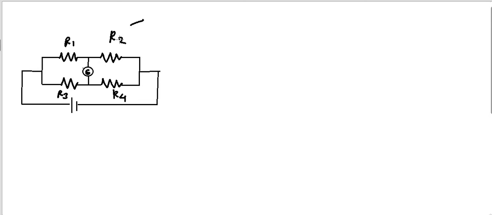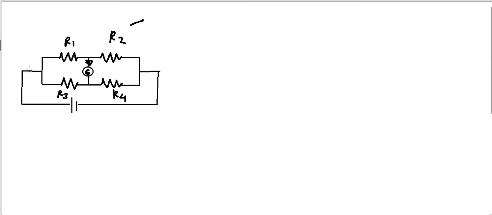So in a Wheatstone bridge, we choose the resistors in such a way that there is no current flowing through this galvanometer.